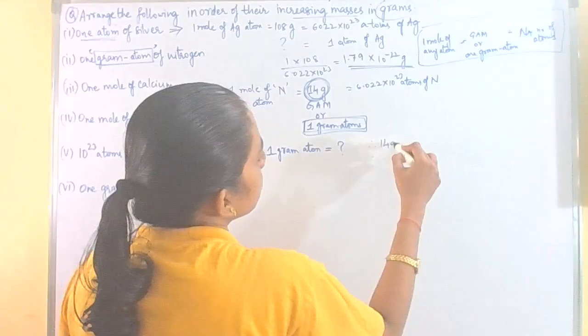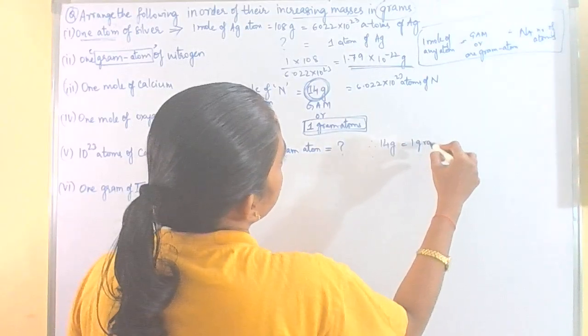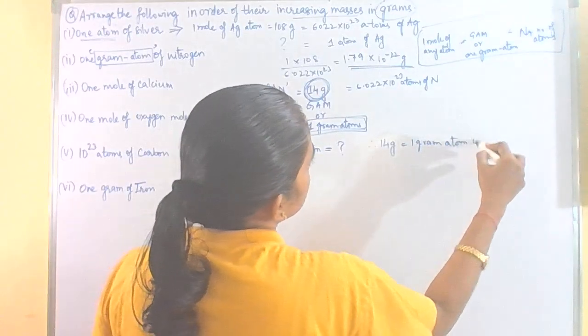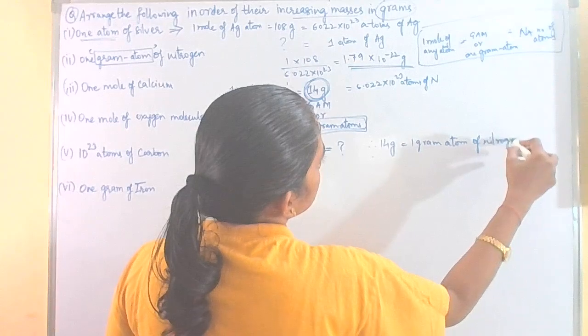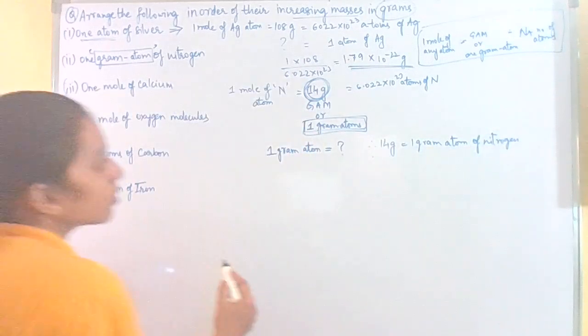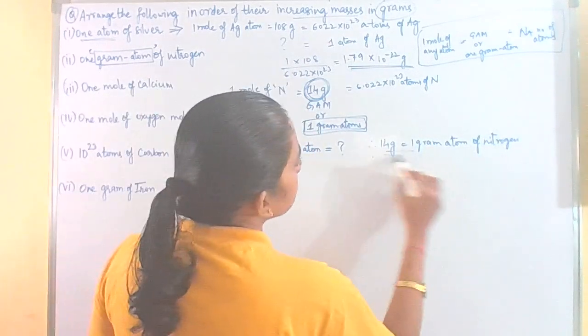Therefore, 14 grams is equal to 1 gram atom of nitrogen. It's not 14 gram atoms. You should not get confused here. Now this is the answer for the second one.